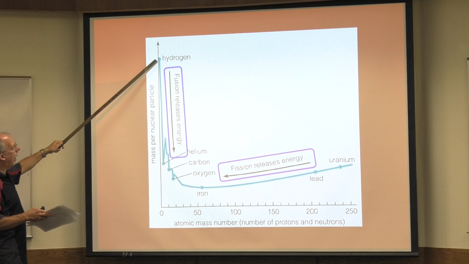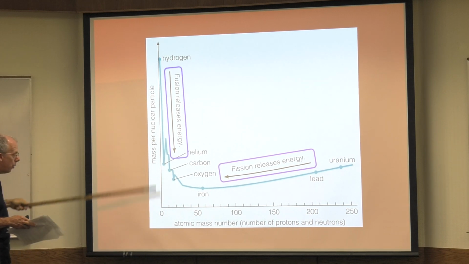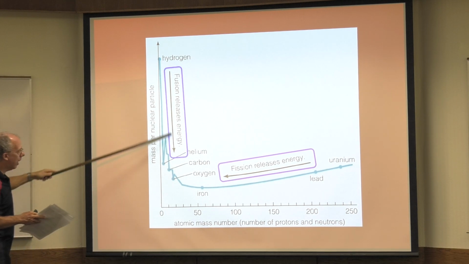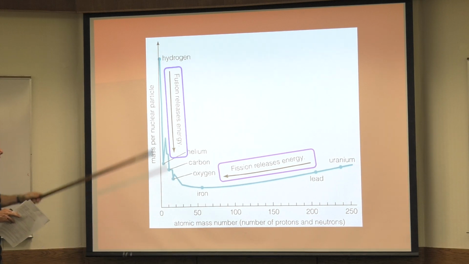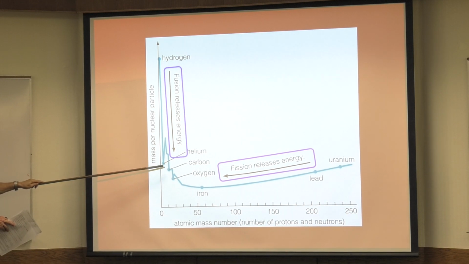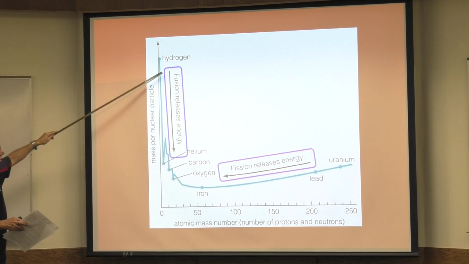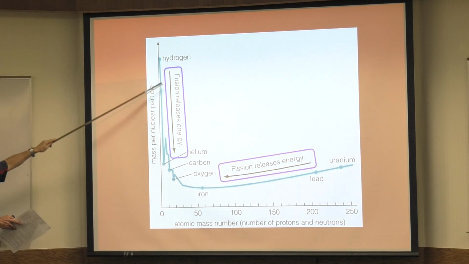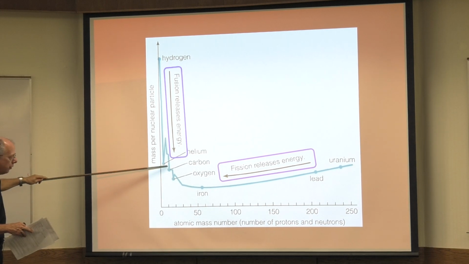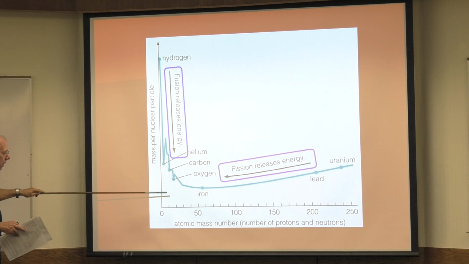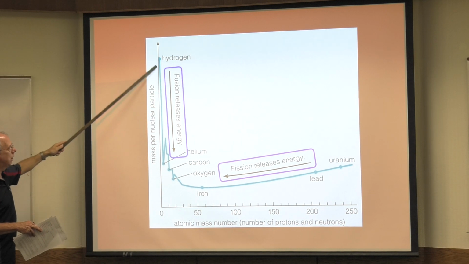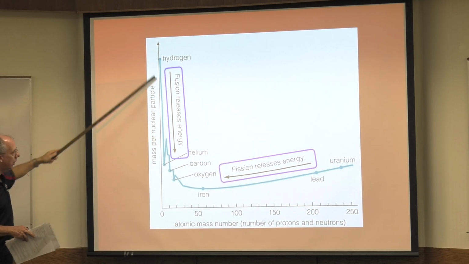Hydrogen has a lot of mass per nuclear particle, so when it fuses to become helium, there's a big mass difference. The mass of hydrogen is a lot bigger than the mass of helium, so when you do fusion, hydrogen to helium, a lot of energy is released. When helium fuses to carbon, a little bit of energy is released. Carbon to oxygen, a little bit. Oxygen to iron, a little bit more. But all I'm saying is these are all fusion reactions, because this has more mass per nuclear particle than this.